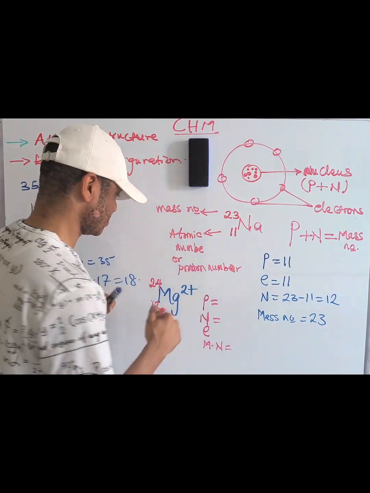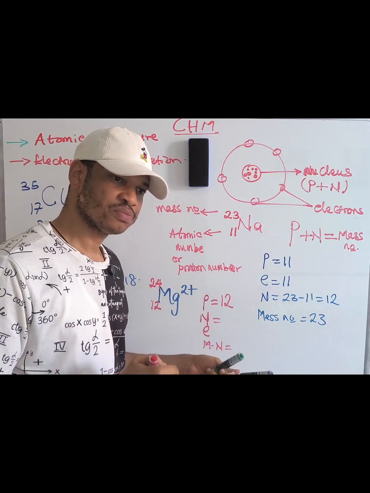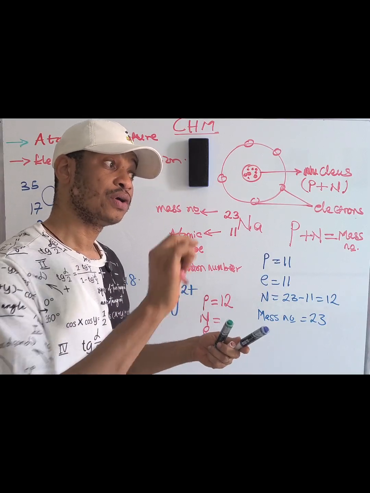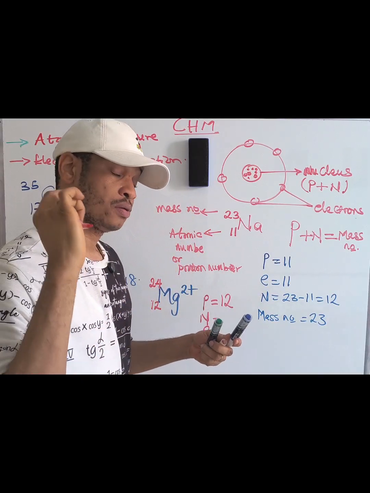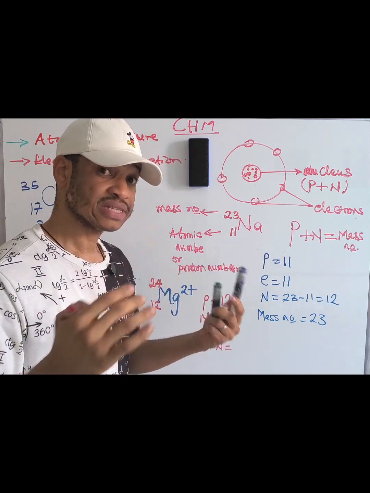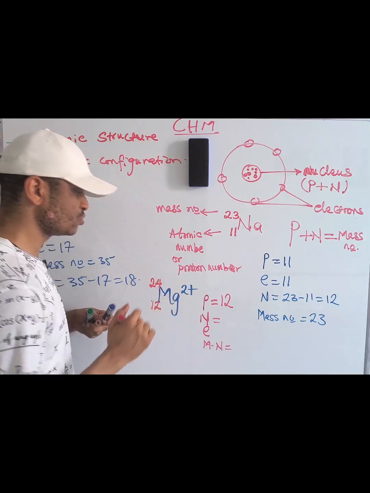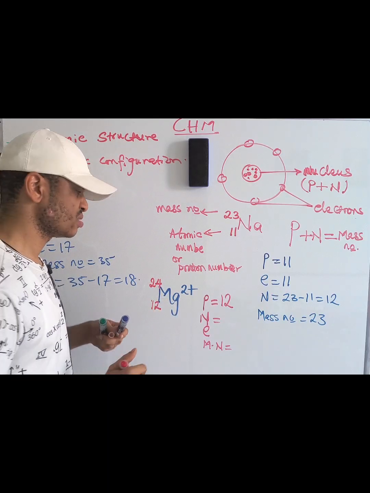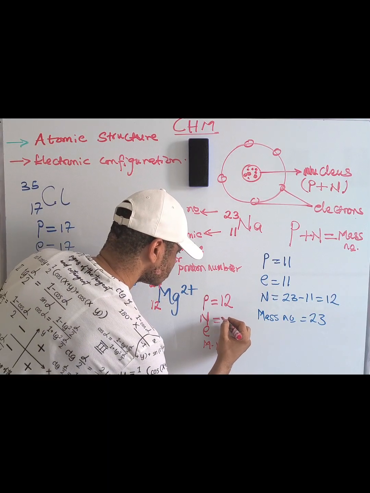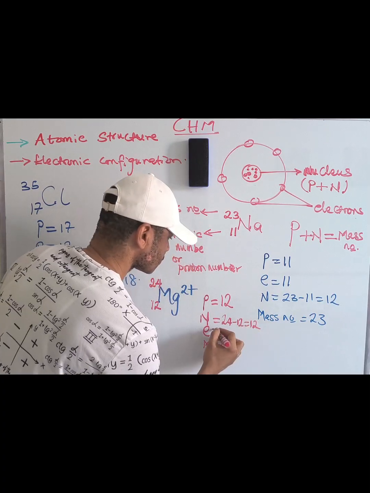The proton is the 12th. So proton is the same thing as atomic number, or how it is arranged in the periodic table. So the proton number tells me how elements are arranged in the periodic table. Okay, the neutron, how many neutrons does this have? So the neutron is 24 minus 12, which is 12.